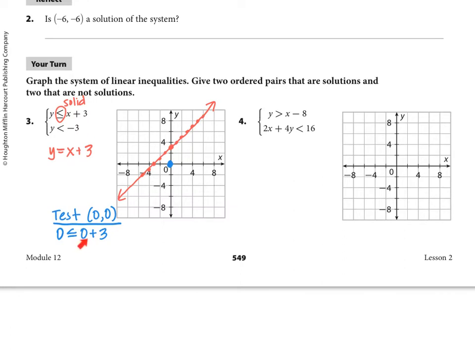Well, 0 plus 3 is 3, so 0 is less than 3. This is a true statement, which means 0, 0 is a solution. Looking at your graph, this blue point is a solution to my inequality, and that means I shade all of that.